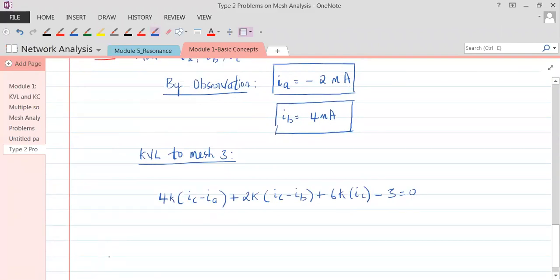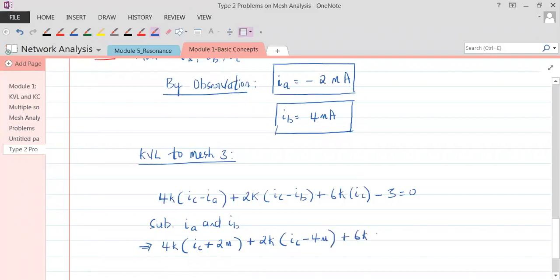So substituting IA and IB implies: 4K into IC, minus of minus, so it would be plus 2 milli, plus 2K IC minus 4 milli, plus 6K into IC, minus 3 equal to 0.